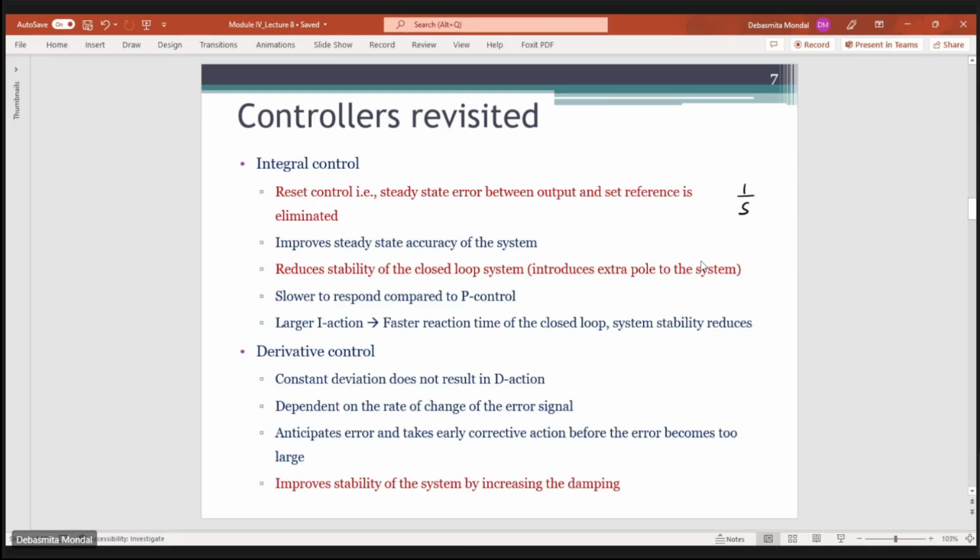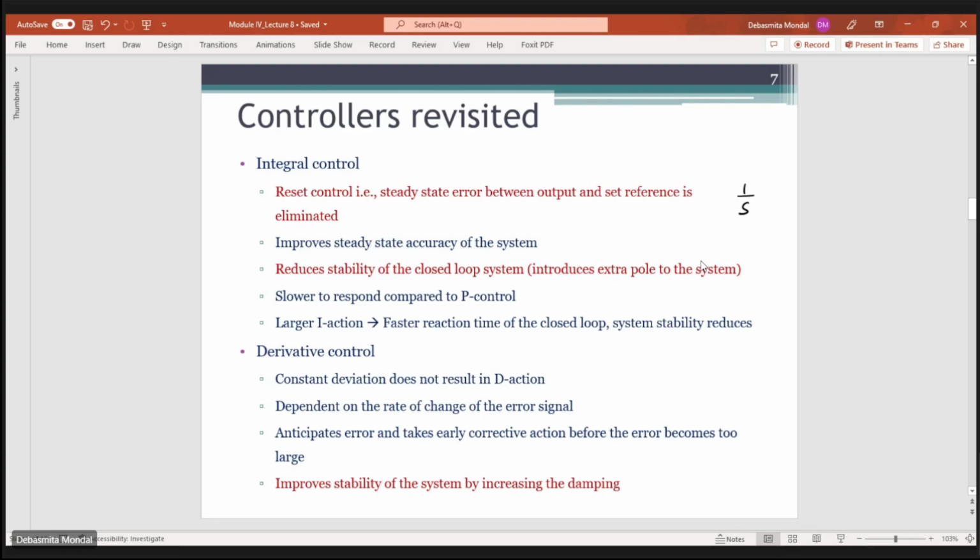So if you don't select the value of the integral gain or the integral time appropriately, the closed loop system might go to instability. Okay. So this is one of the drawbacks of using integral control.